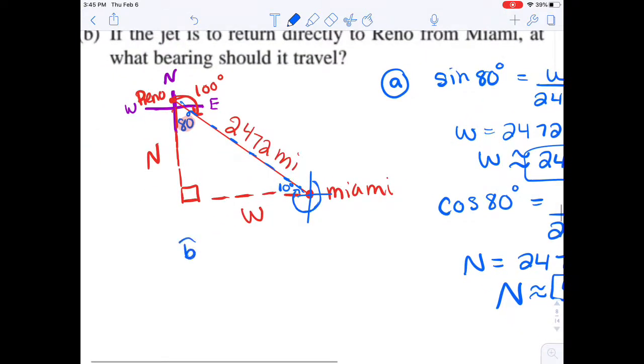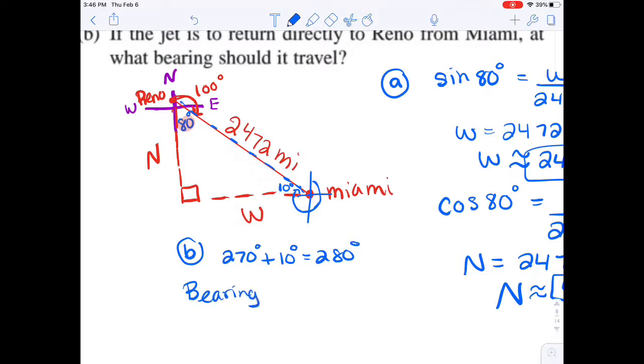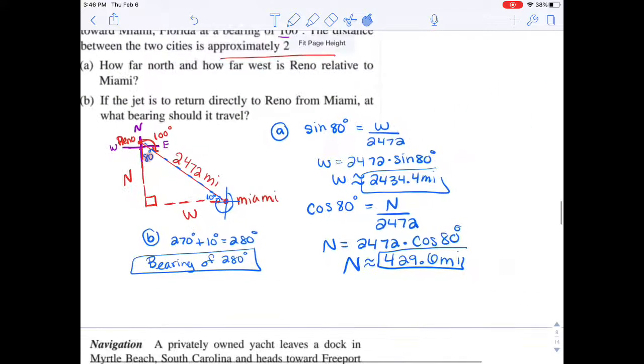So for part B, for my bearing, I can take 270 plus 10, so I would get a bearing of 280 degrees. So if it doesn't specify direction, you know it's always from north and then going clockwise.